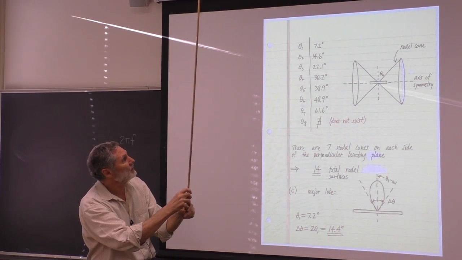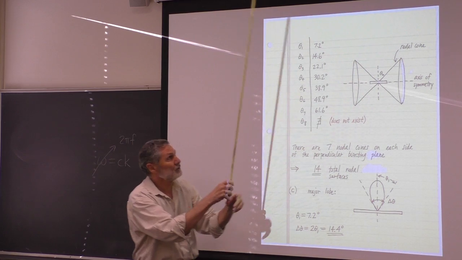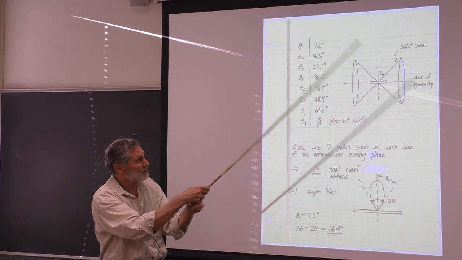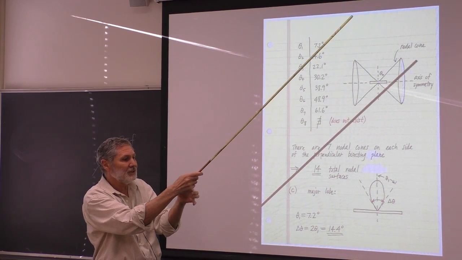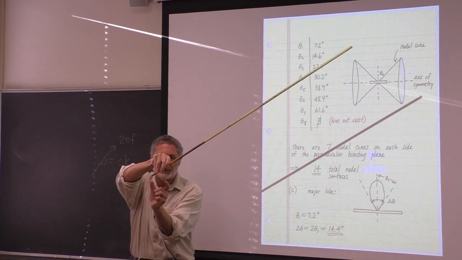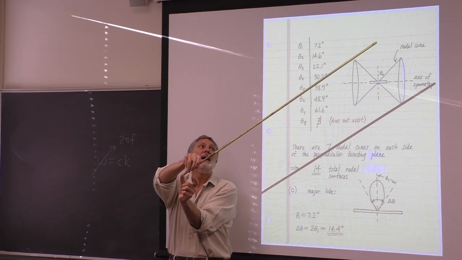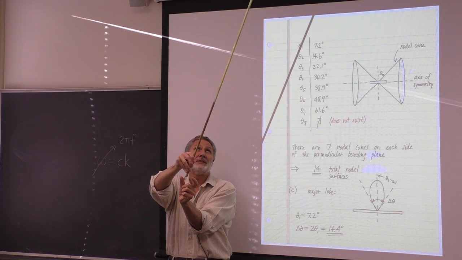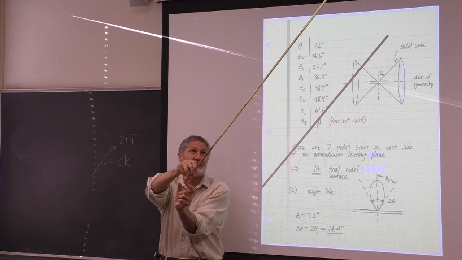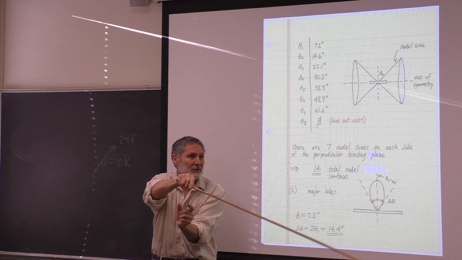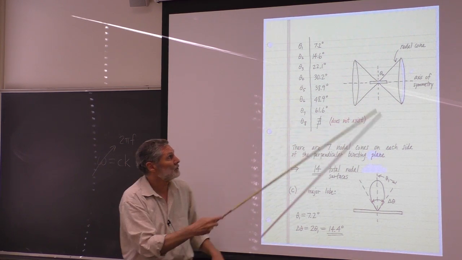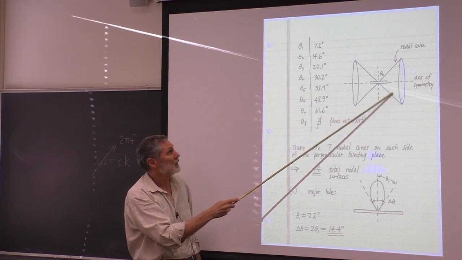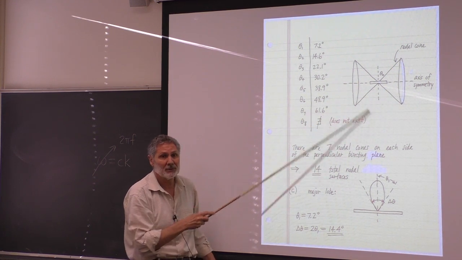And at an angle of 7.2 degrees, 14.6, you're going to have a 0. Out there at certain angles, you're going to have a 0. By the symmetry of the problem, that means you're going to have a 0 on a cone like this, and I've drawn that here, because we have an axis of symmetry. It's got to be.